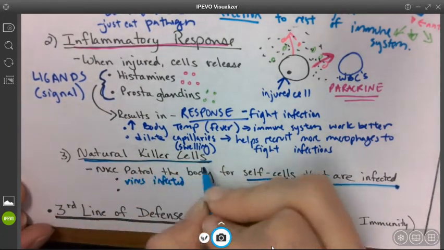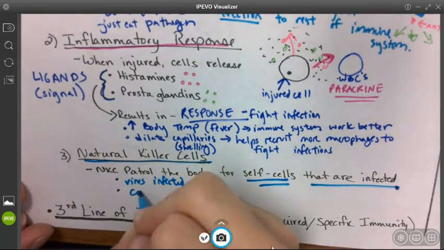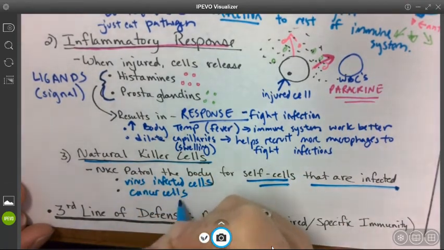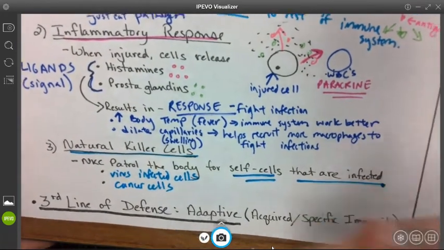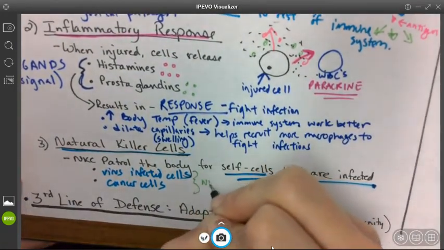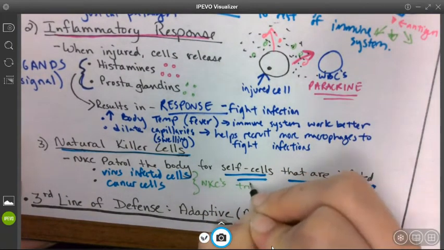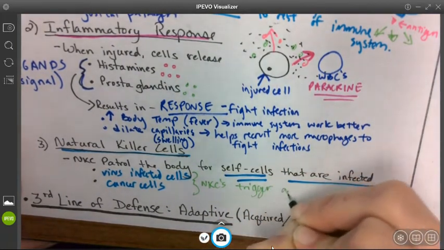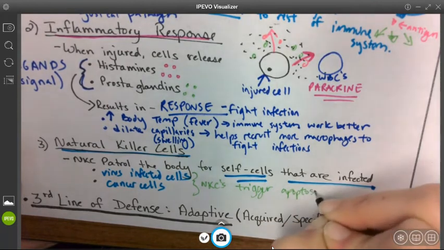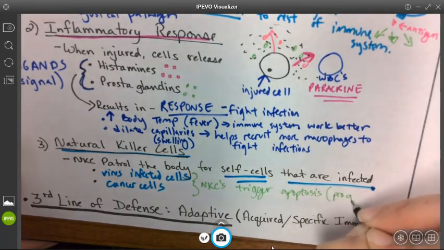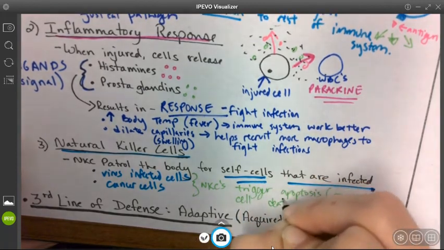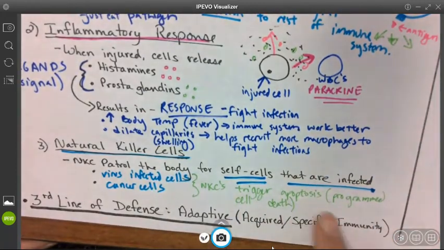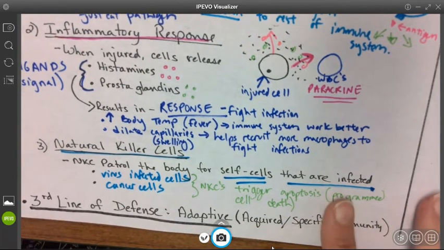Natural killer cells take virus-infected cells and cancer cells, and they trigger apoptosis, which is programmed cell death. So these infected cells die.